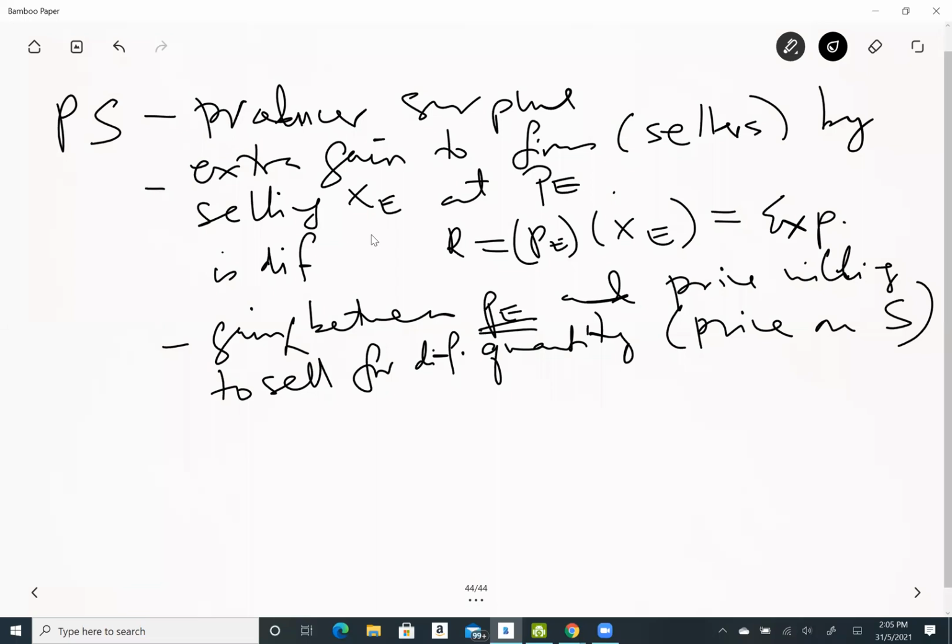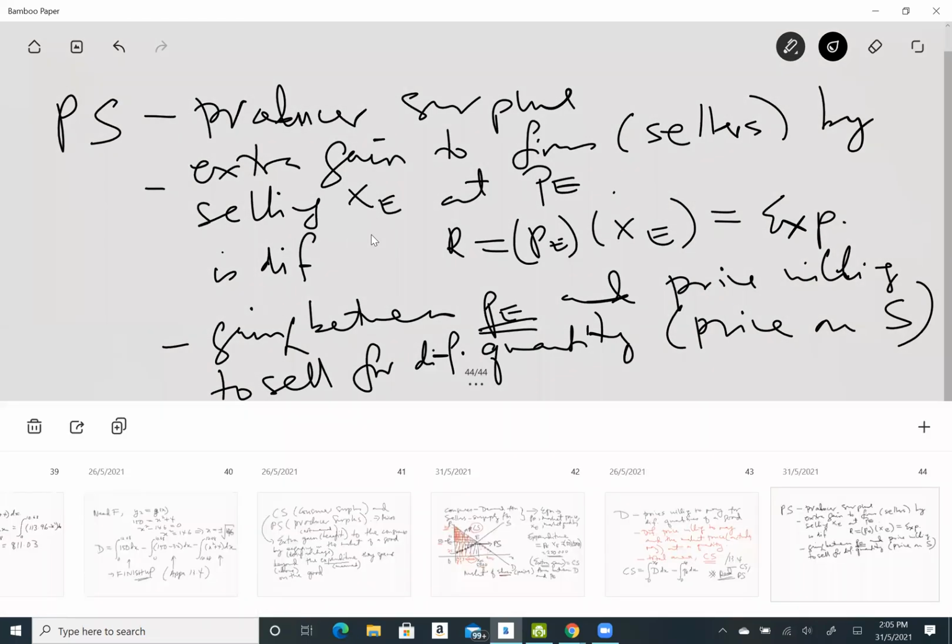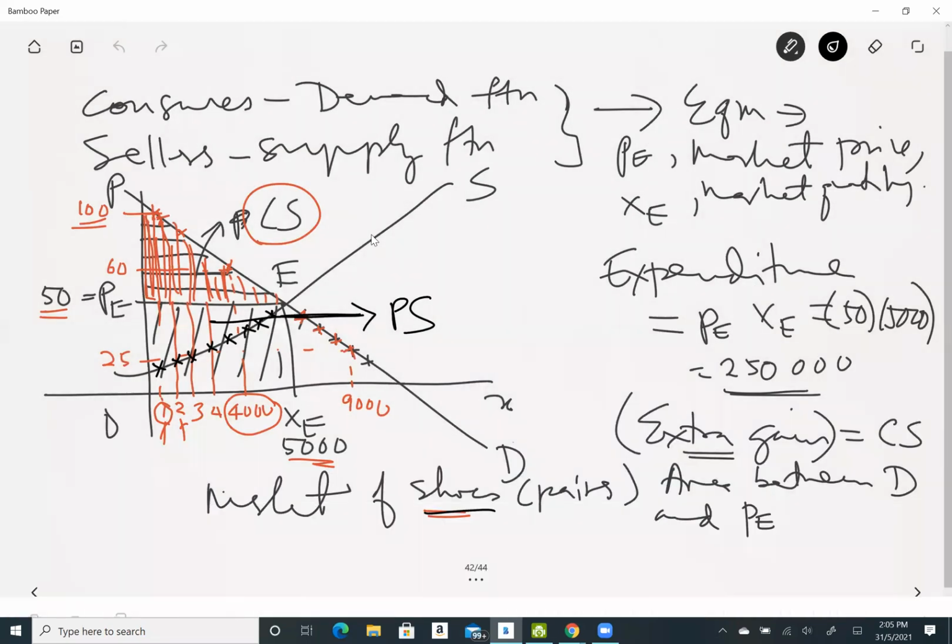So if you go back to the graph, just like what we did to the demand function, you will see that, let's say for the first quantity here, suppose the firm is willing to sell, say 10 ringgit. I'm the seller.